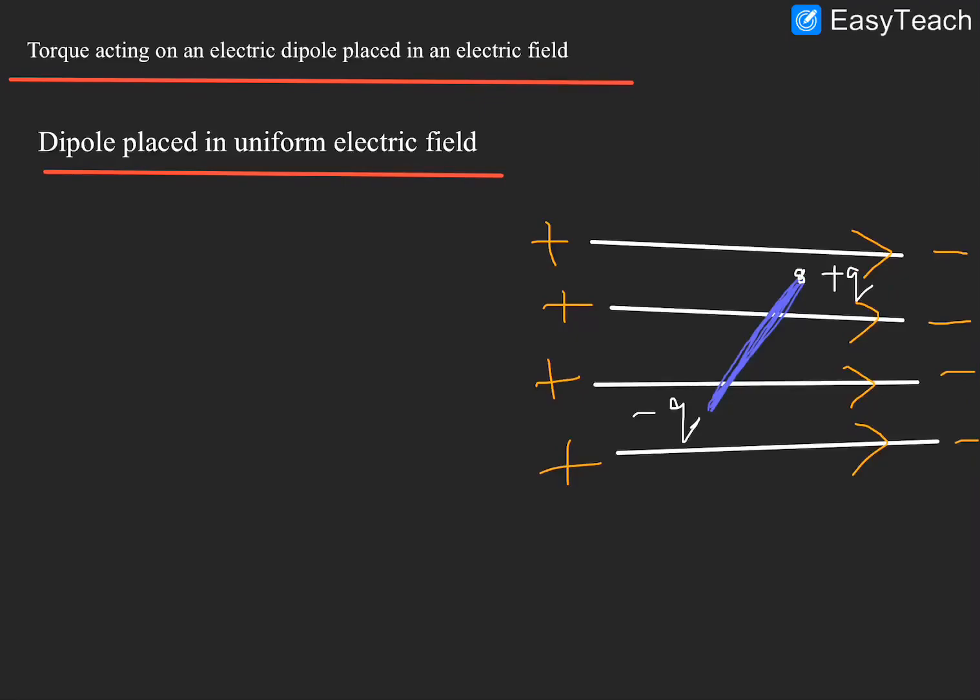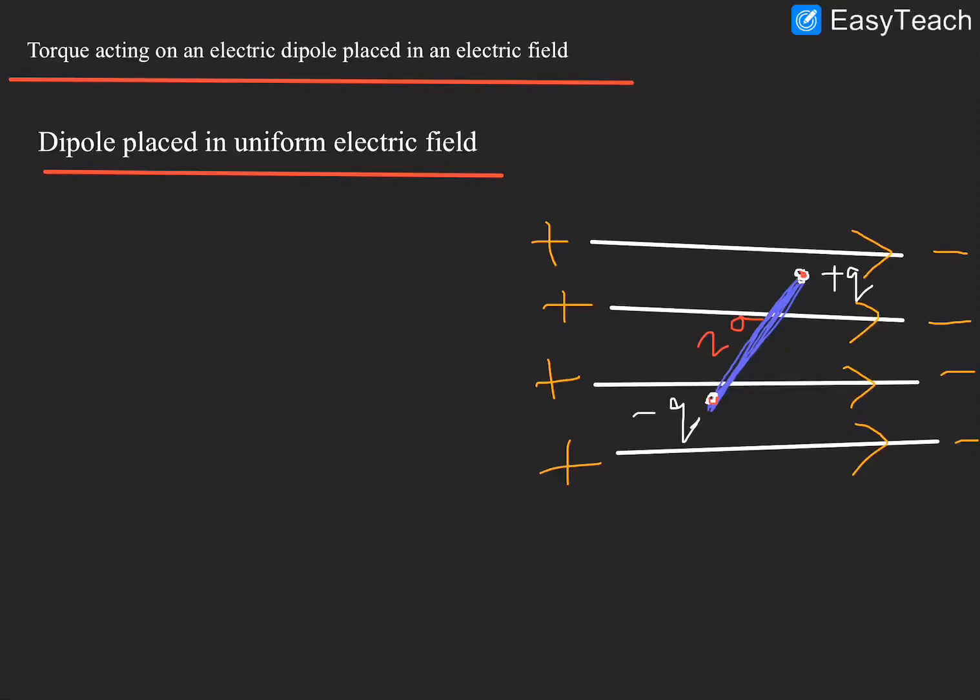They are separated by some distance, and we already defined that the separation between the charges of a dipole is always considered to be 2a. So from here to here there is a distance of 2a.